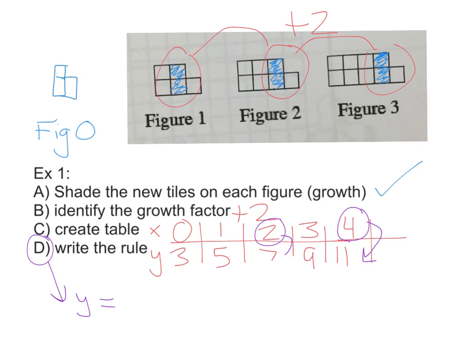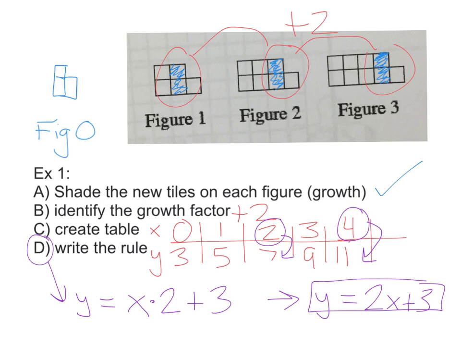So think about it for just a second. And our rule is x times 2 plus 3. So let's change that formatting so that my number is first. We'll say 2x plus 3.